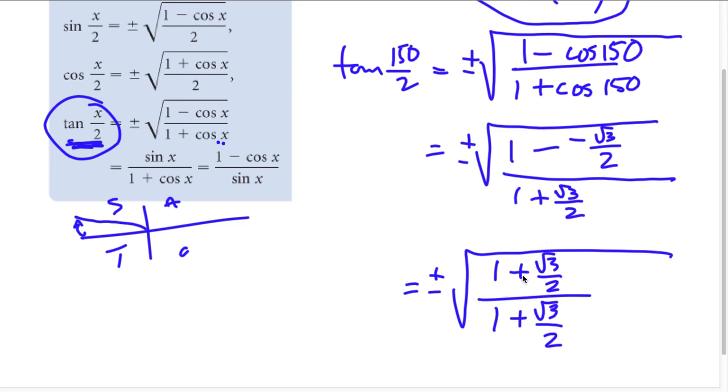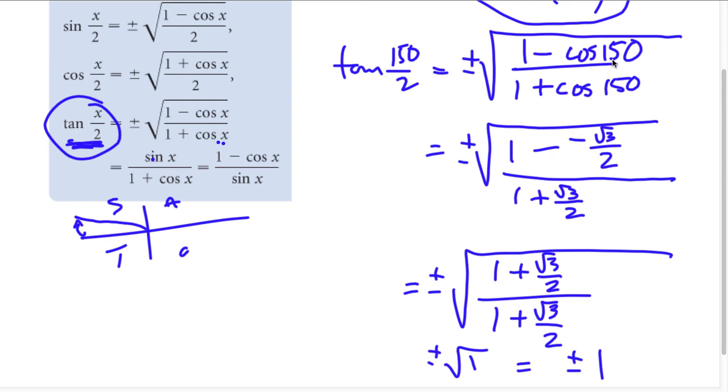Well, whatever. If those are identical, I can cancel them. So that would be 1. So it would be plus or minus the square root of 1, which is plus or minus 1. Interesting. I guess I could go and play with these two over here and just see what happens with those as well. That's the idea, though.